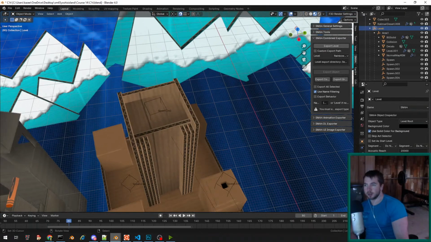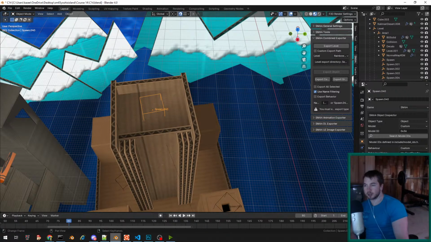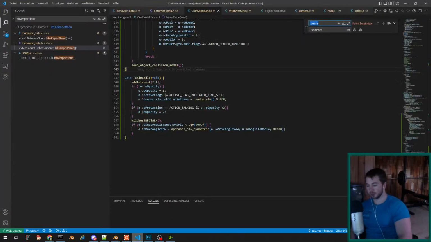Yeah, so he needs to spawn a star, and he should spawn the star right above Mario, if you ask me.